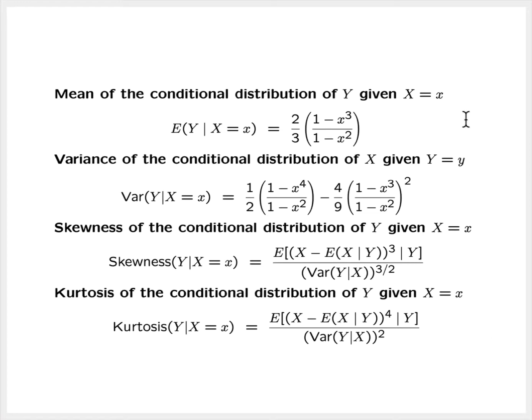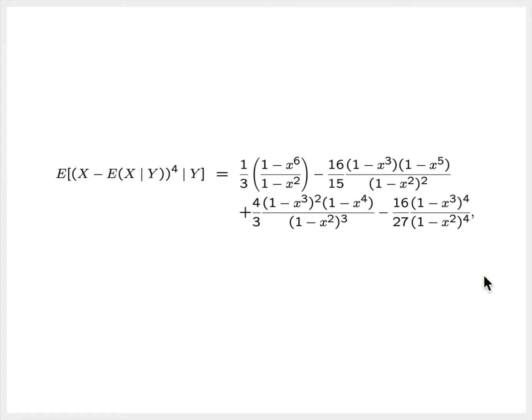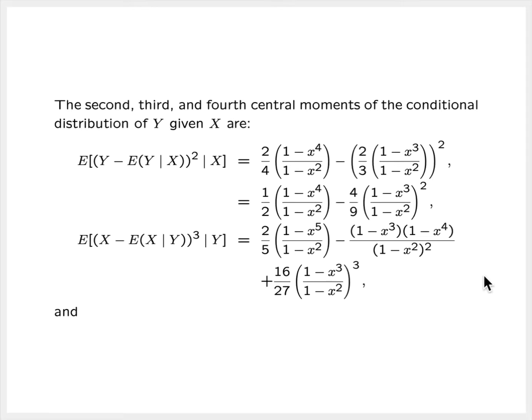One thing that we can definitely see here is that both the mean and the variance of the conditional distribution of y given x depend functionally on x. These are not constant as a function of x. Now, it's more difficult to discern that kind of thing for the skewness and the kurtosis of the conditional distribution of y given x because of the complexity of these central moments.